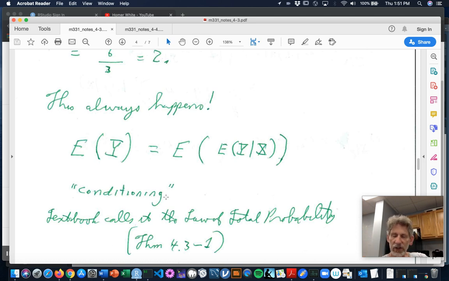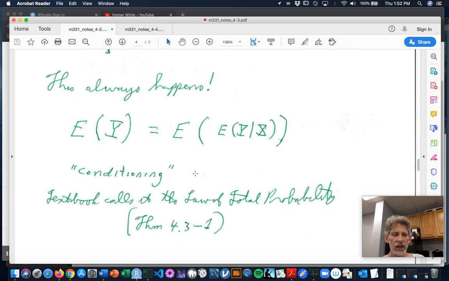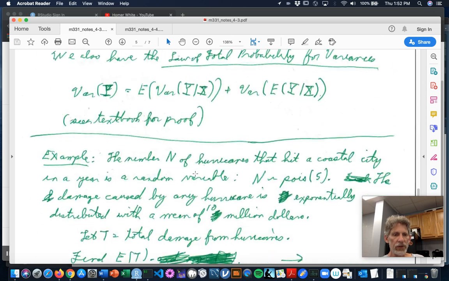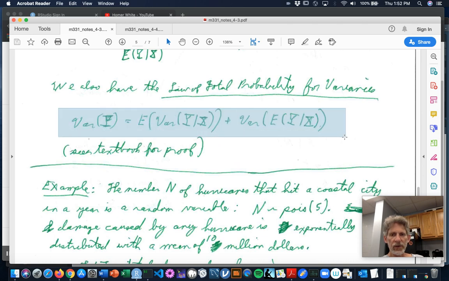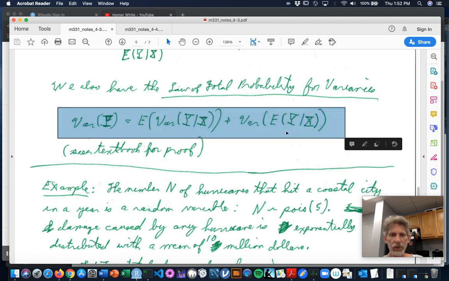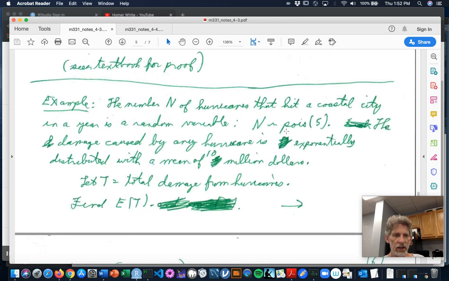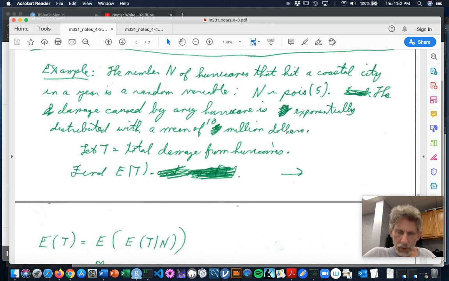And to get that, you were conditioning on which closet you walked into. Same kind of thing happening here. And so you might also call this law, sometimes it's called the Conditional Variance Formula. So let's do some examples.